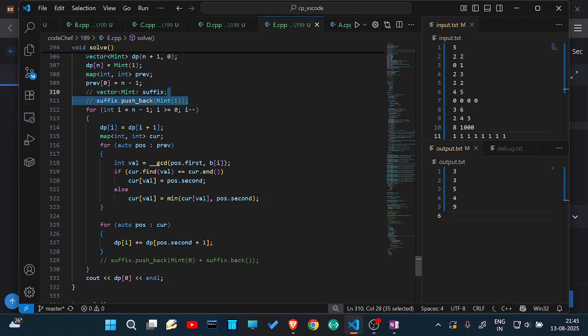We have to consider everything. What are the indexes in which we will get different values?